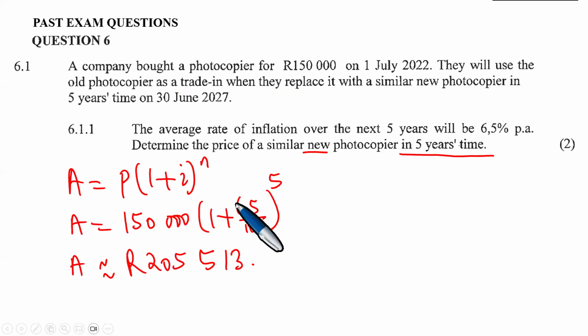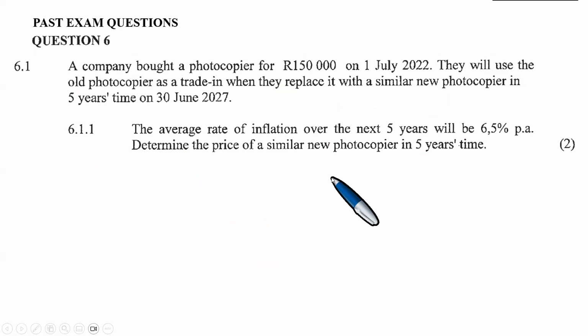It's the price of a similar new machine. Determine the price of a similar new photocopier in 5 years' time. It is 205,513.